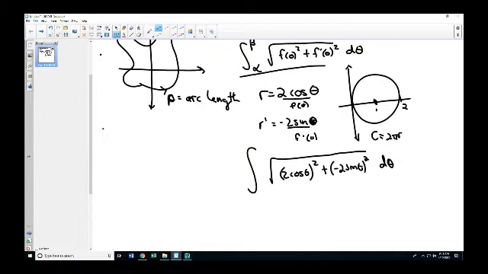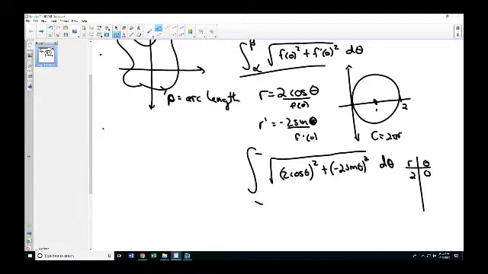And then again, remember, the battle with these is finding the limits of integration. So what do you think? If theta is 0, what's r? 2.